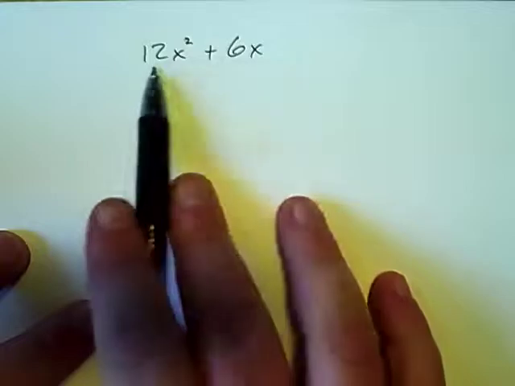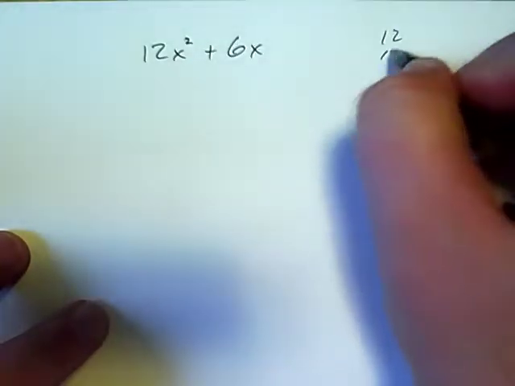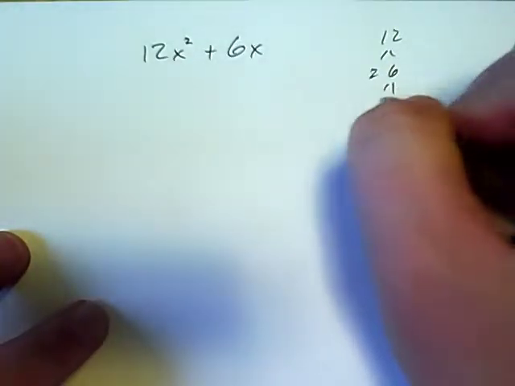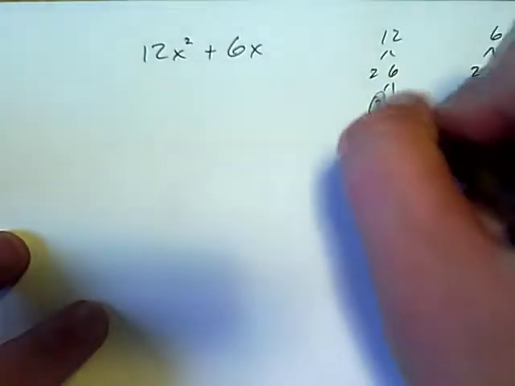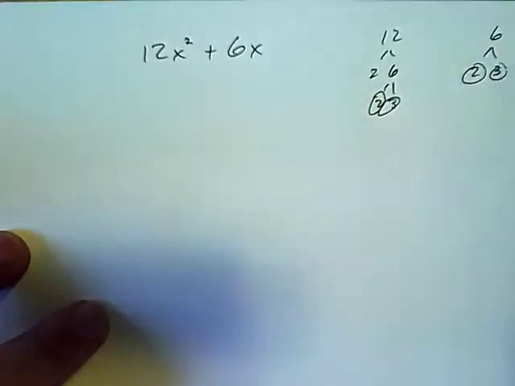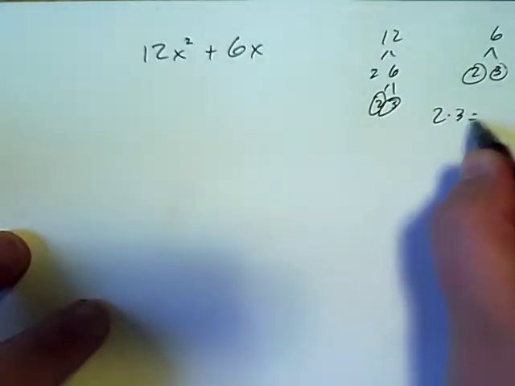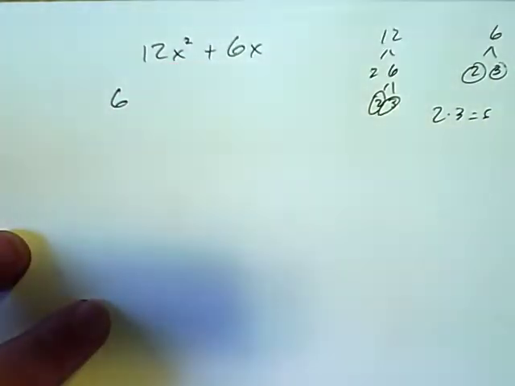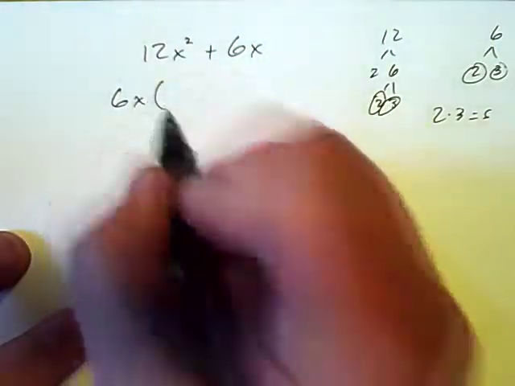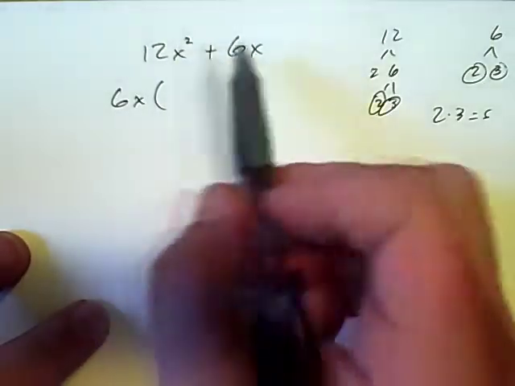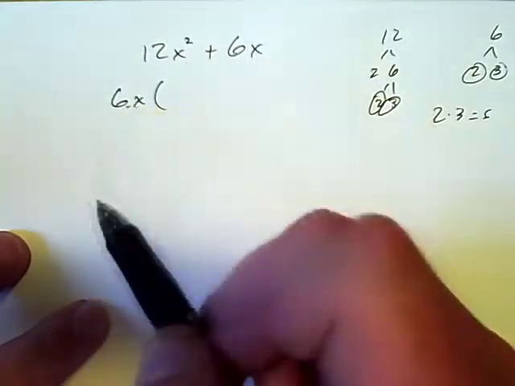Well, between 12 and 6, if I broke 12 down, it'd be 2 and 6, 2 and 3. Broke a 6 down, I get a 2 and a 3. So I know 2 and 3 are common, and 2 times 3 is 6. So I know at least a 6 is going to come out. And between x squared and x to the first, I know at least an x is going to come out of there.